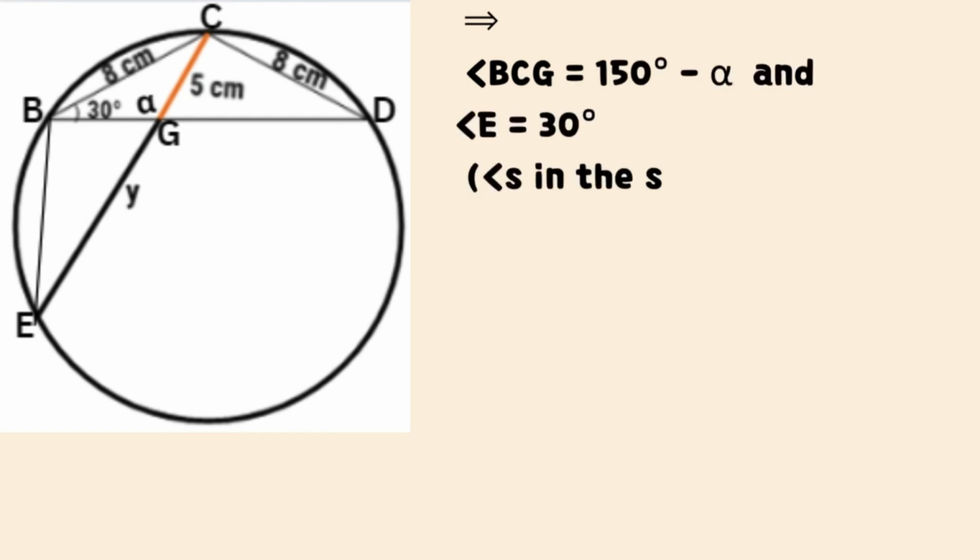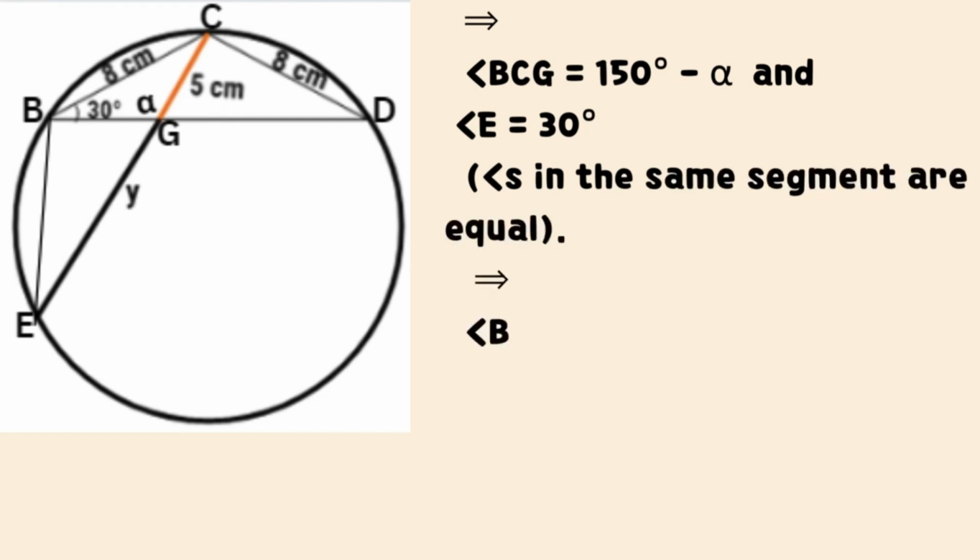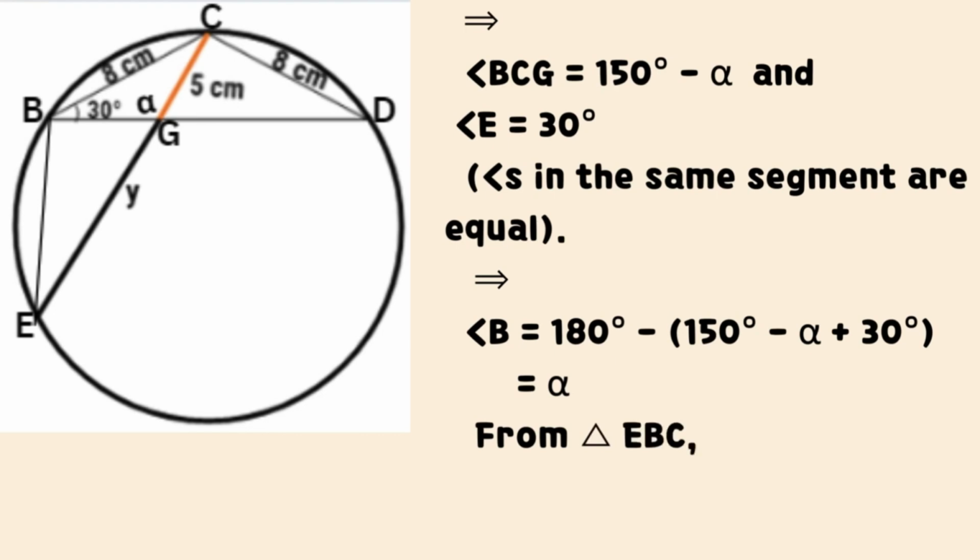Angle E equals 30 degrees. It is because angles in the same segment are equal. It implies that angle BCG equals 150 degrees minus alpha. Thus, after simplification, we have that angle B equals alpha.